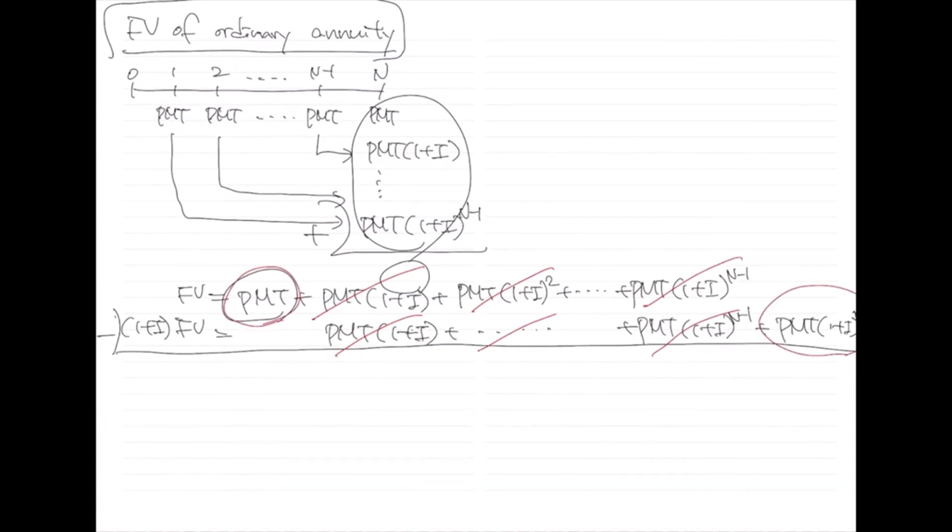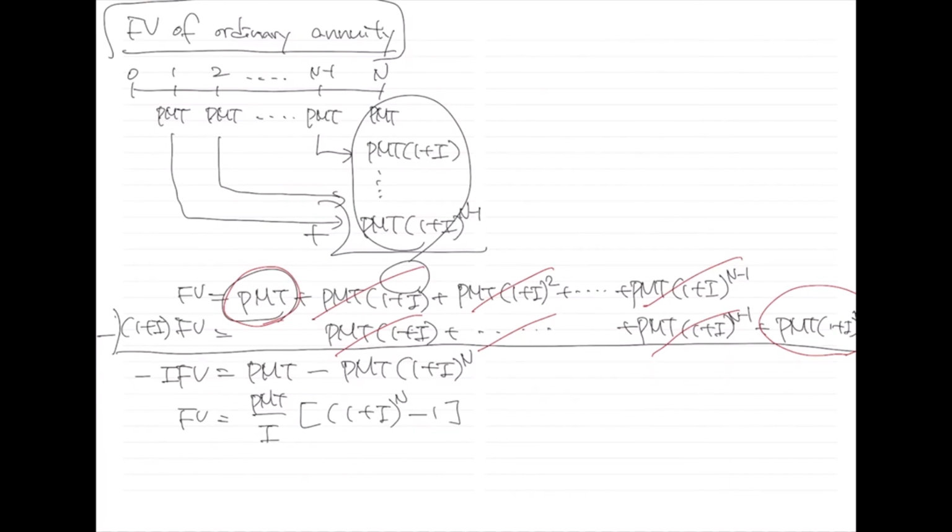So write down this equation as this: minus I times FV equals PMT minus PMT times 1 plus I to the n. And rearrange this: FV equals PMT over I times 1 plus I to the power of n minus 1.